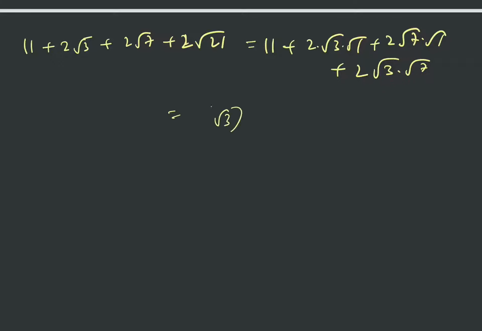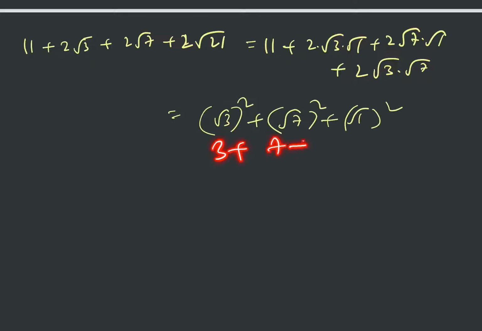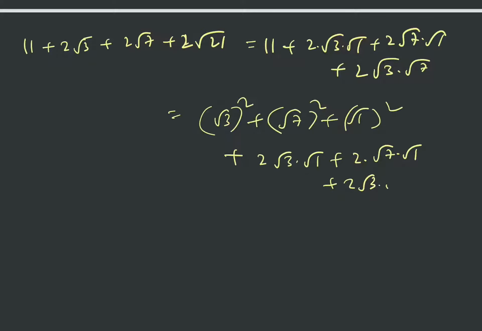And 11 I can write it as root 3 whole square plus root 7 whole square plus root 1 whole square, right? Because you see that 3 plus 7 plus 1, it is 11 only. So this is entirely matching, and this is 2 into root 3 into root 1 plus 2 into root 7 into root 1 plus 2 into root 3 into root 7. So this is nothing but root 3 plus root 7 plus root 1 whole square, right?